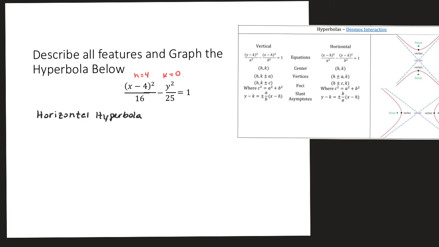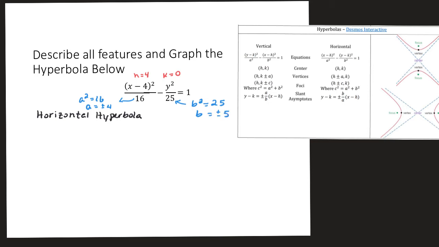I can also find my a value, because a squared is equal to 16, so a has to be plus or minus 4. And my b squared is equal to 25, and so b has to be plus or minus 5.